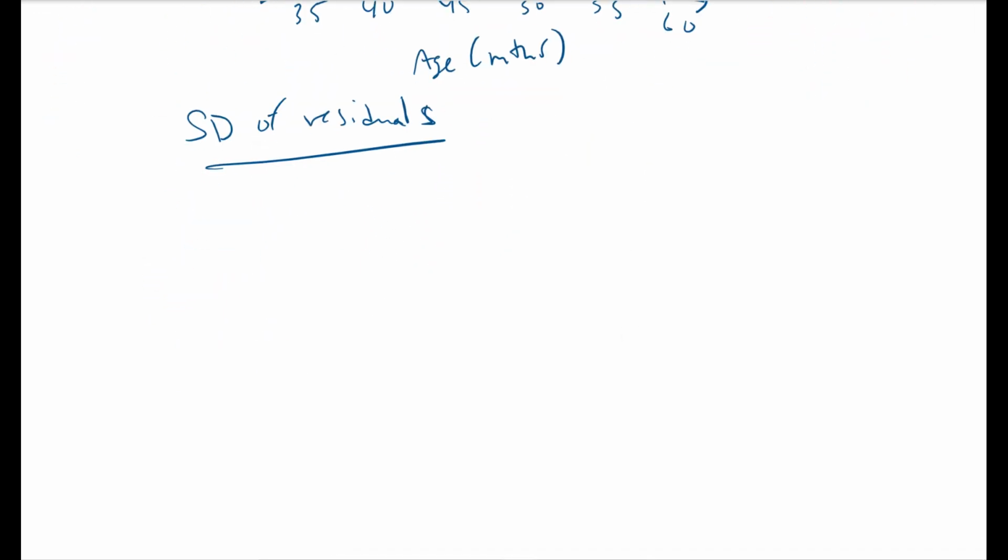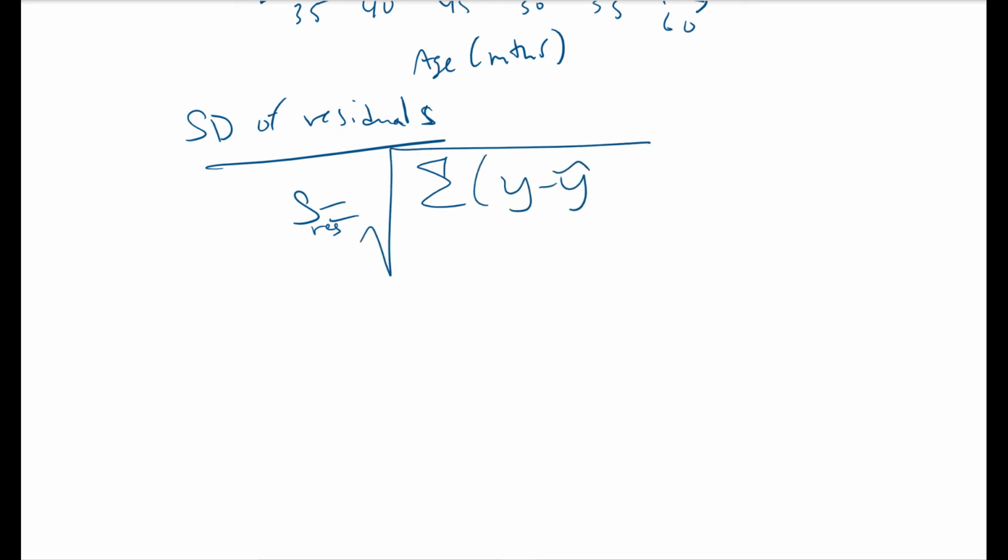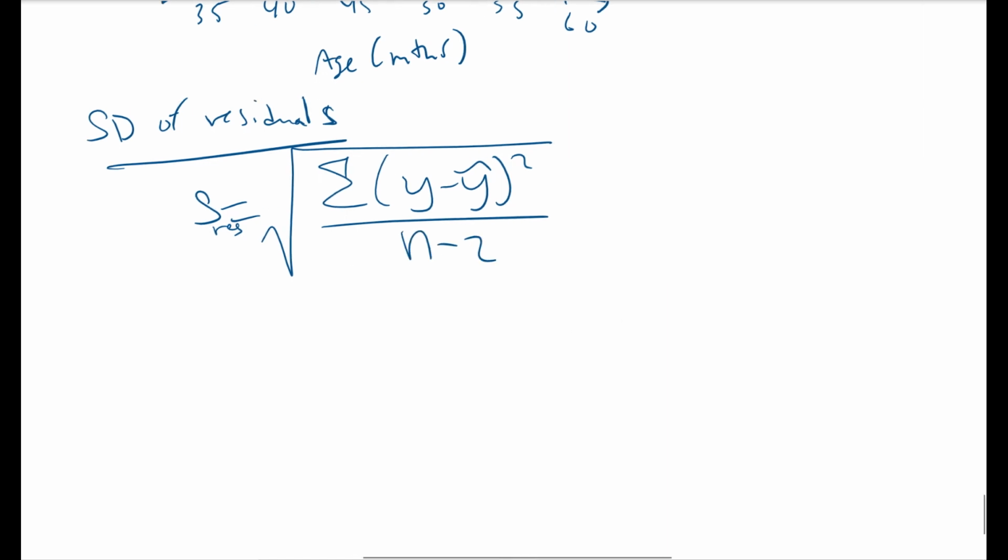All right, so the formula for that is S res, for residuals, is equal to the square root of the sum of the residuals squared divided by n minus 2. Okay, so that's how we calculate the standard deviation of residuals.